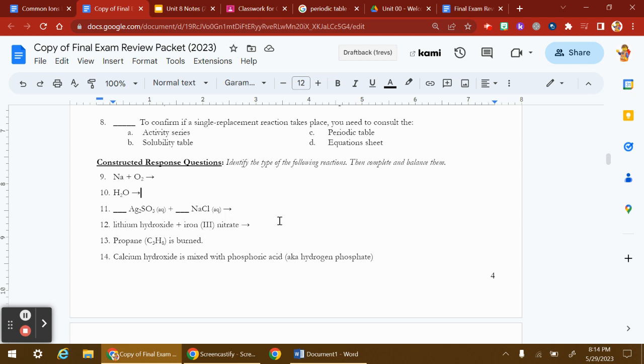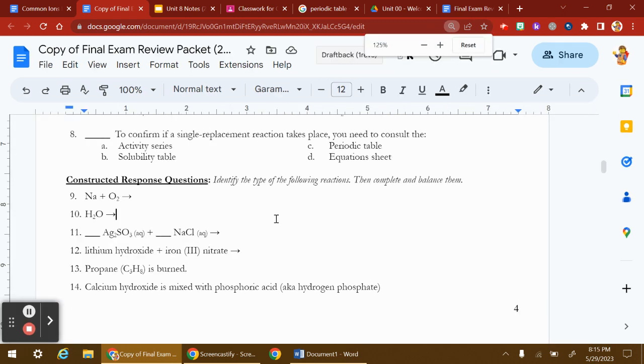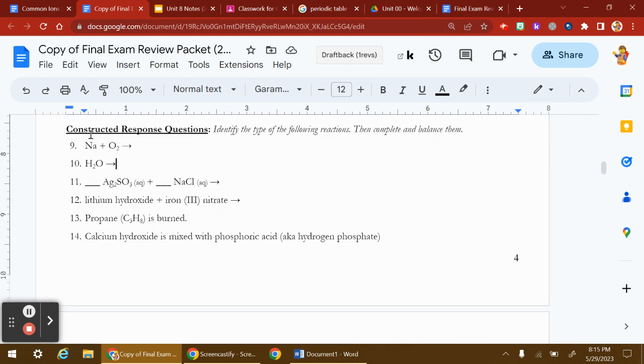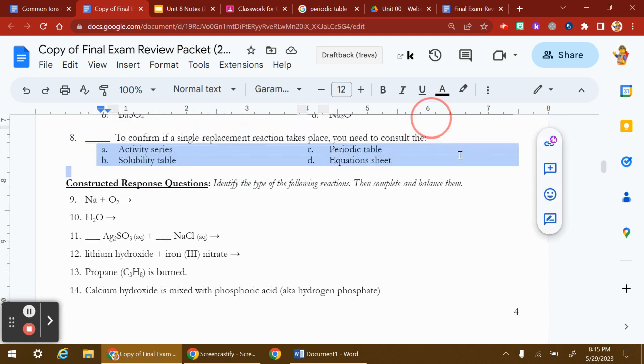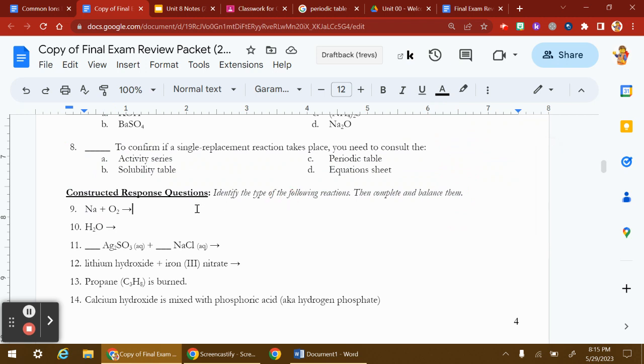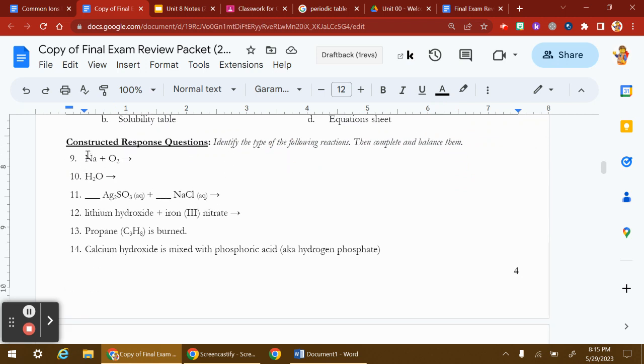All right, guys. So I'm here now to help you with your Unit 8 final exam review constructed response question, aka open-ended questions, aka problem-solving questions. You will see here that pretty much every single constructed response question for Unit 8 is basically complete and balance this chemical reaction.